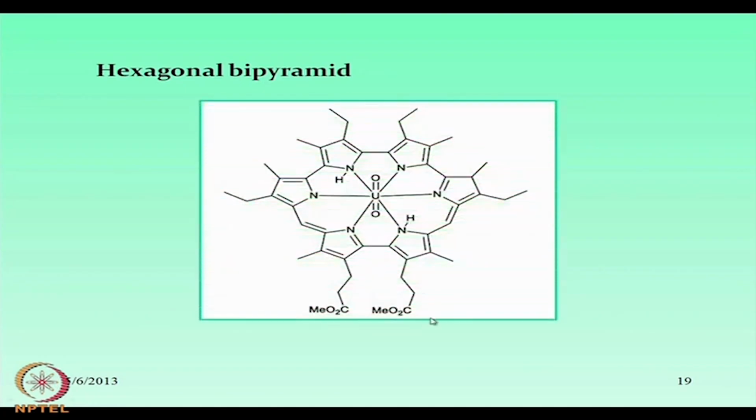So, we see the last one, that is the hexagonal bipyramidal structure, where the plane is hexagonal in structure, and we have one coordination site from the bottom and one from the top side. So, this is also a bigger macrocyclic structure.